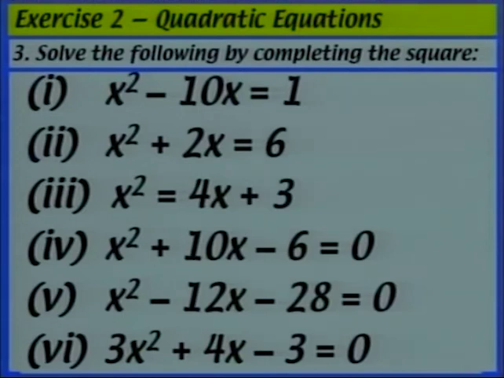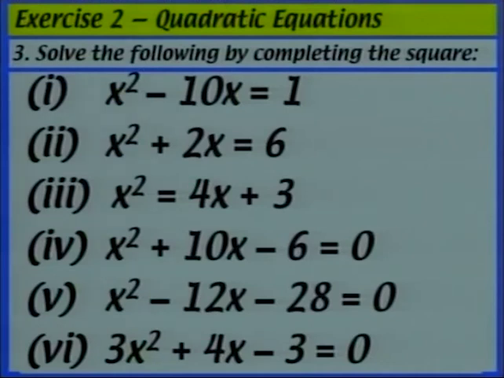I think most of you have completed number 1. Okay, the answers x equals 1 plus root 26 or x equals 1 minus root 26. Oh, not 1. 5. X equals 5 plus root 26 or x equals 5 minus root 26.